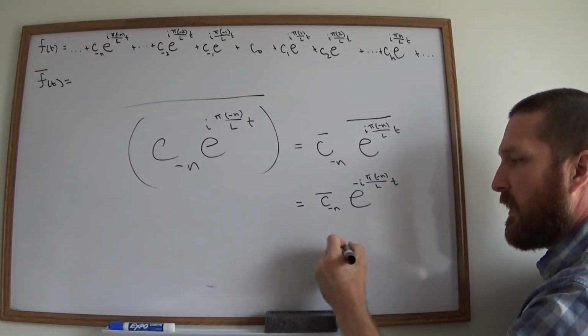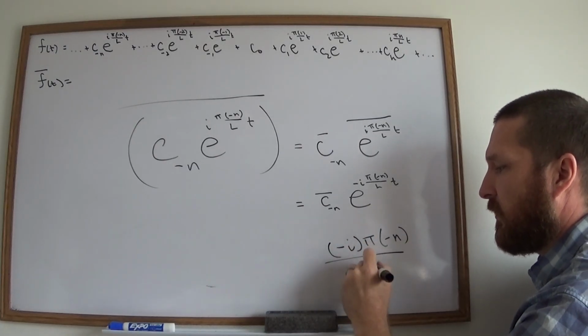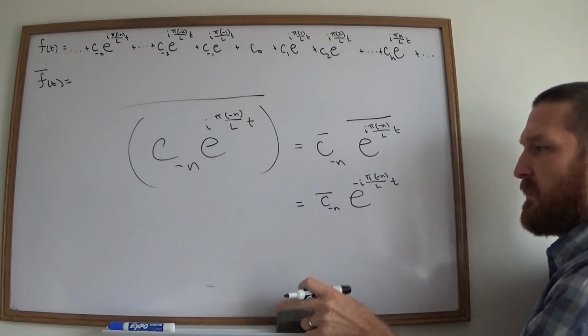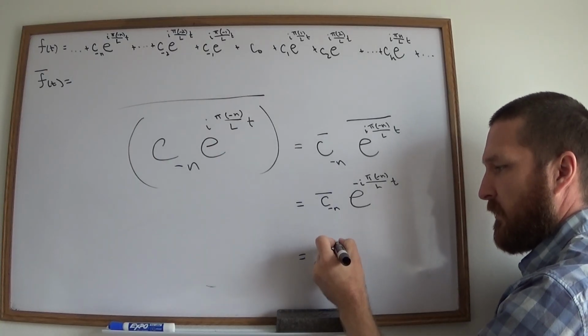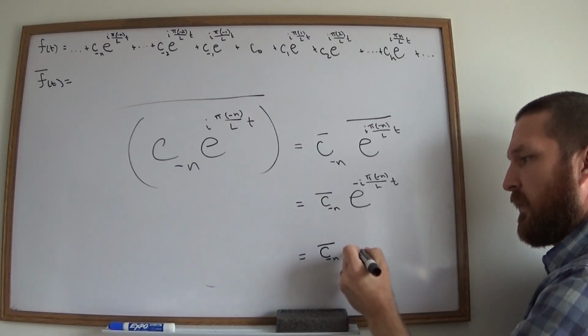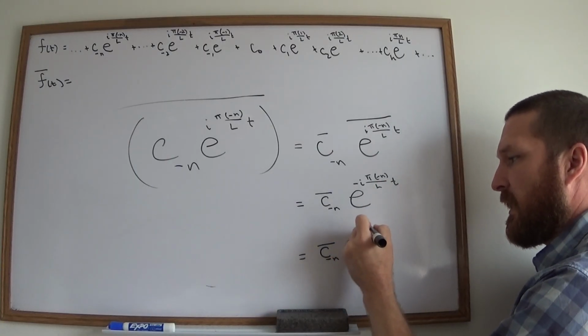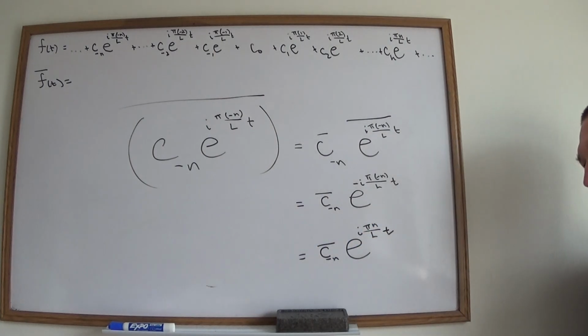In fact, I could even write it as negative i times pi times negative n all over L times t. And that's a negative and a negative, it just makes it positive. So that's the same thing as C negative n, whatever that complex number happens to be, take its conjugate. Now, instead of the negatives, I could rewrite that as i pi positive n over LT, like that.